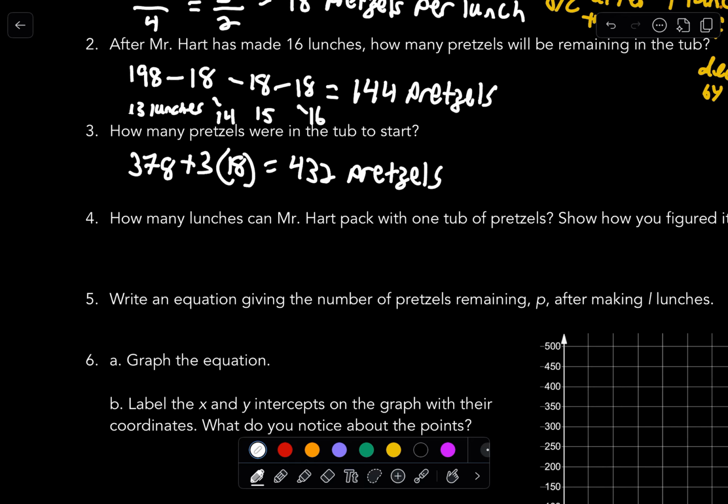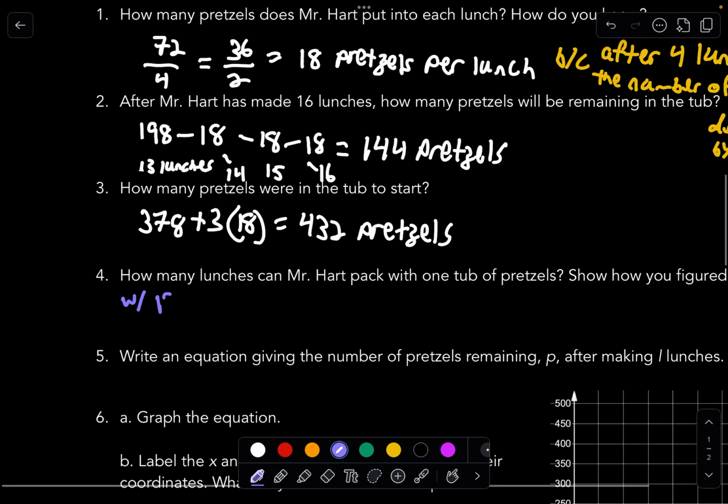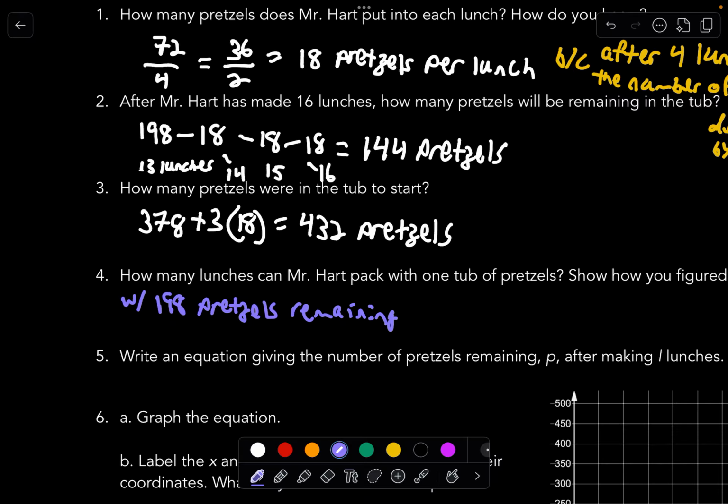Well, one way, with the 198 pretzels remaining, you got 198 remaining, 198 divided by 18 for each. That works out to be 11 more lunches.